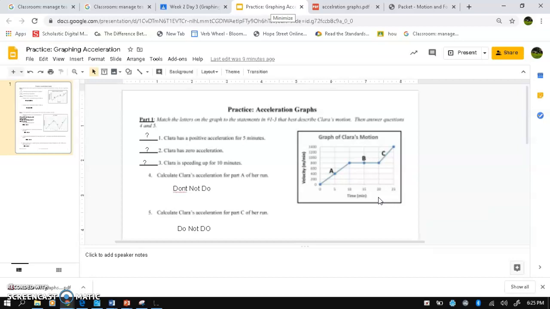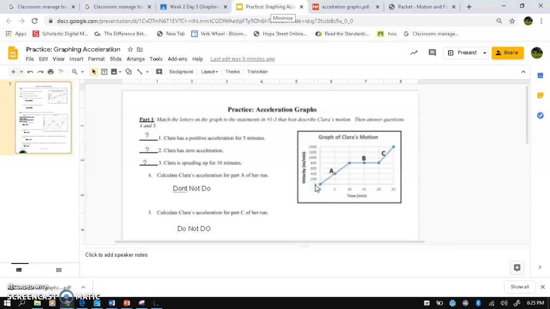I will do a couple. So number 1 is Claire has run a positive acceleration for 5 minutes. Like I just said, I am not going to do 1, 2, or 3 with you, but I will show you how to read those. There's 2 ways. You can see if your slope is positive, negative, 0, or undefined, right?